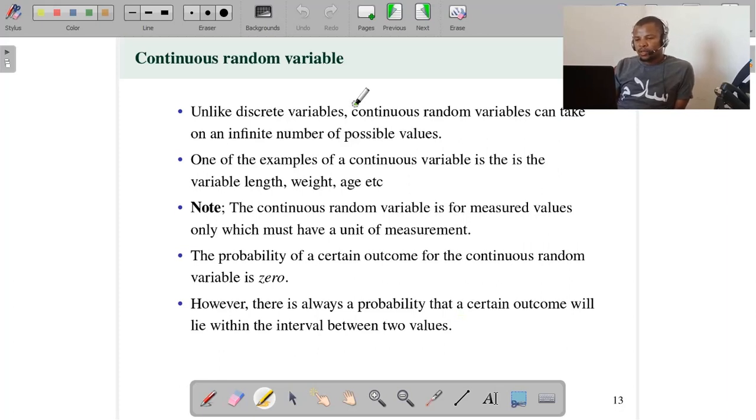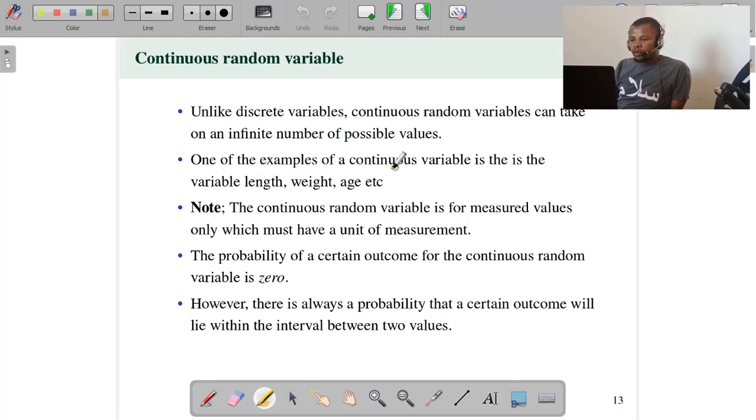Again, what is a continuous random variable? Unlike a discrete random variable, a continuous random variable can take an infinite number of possible values. If we say 1, the next counted number is 2, so you have only 2 values. But if we go from 1 up to 2, there are so many quantities you can have in between, 1.1, 1.11, and so on and so forth.